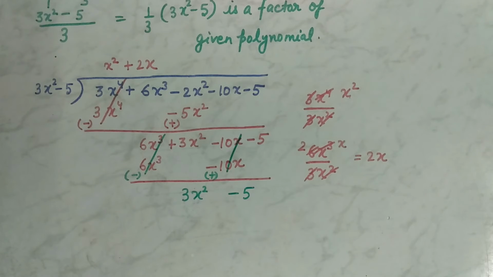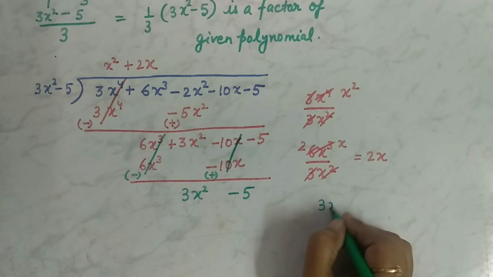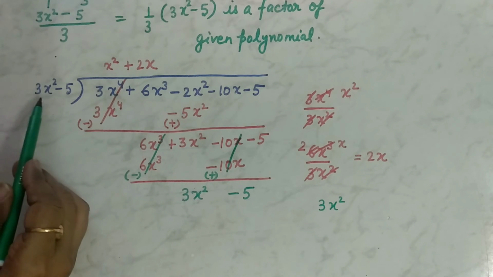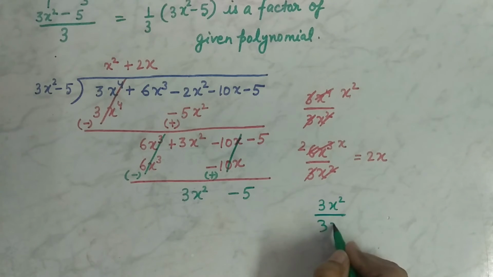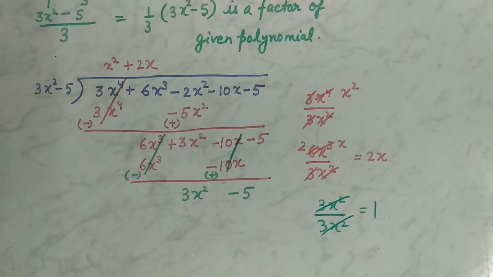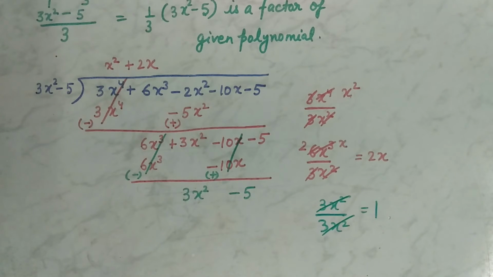Now again what will I do? This is my new dividend. So I will divide the first term of the dividend. The first term of the dividend is 3x square, and the first term of the divisor is also 3x square. So they all cancel out with each other. I get 1. So I write plus 1 here.